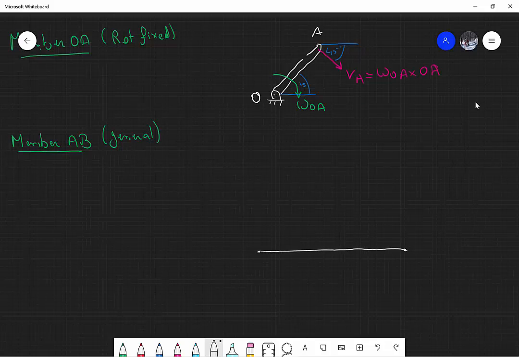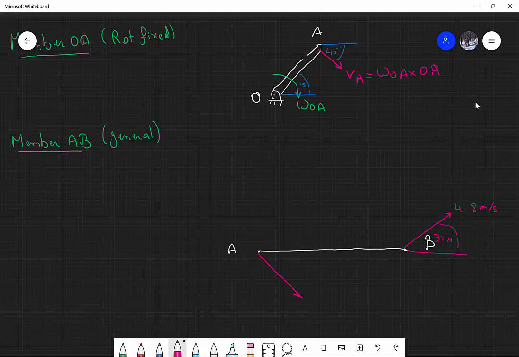This is the A and this is the B. We know already that the VB was like this, and it was equal to 4.8 meter per second over an angle of 34.4. We know already that VA will be in this direction, but we don't know the magnitude of VA, but we know the angle of VA was 45 degrees.